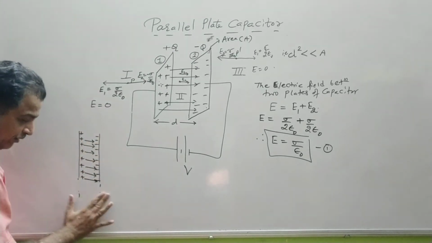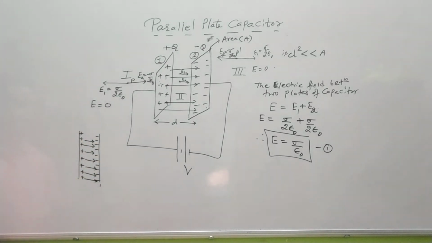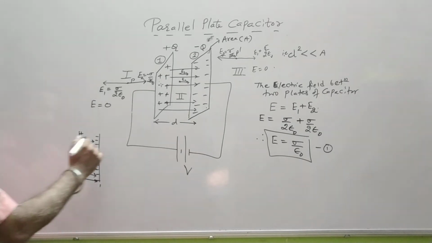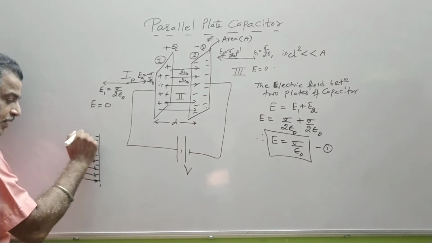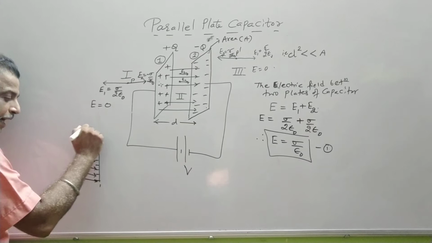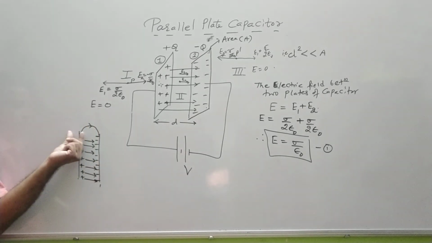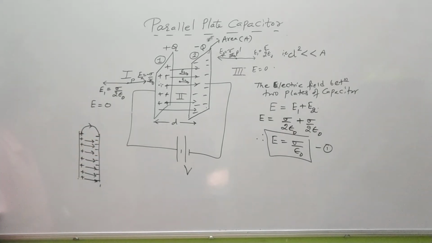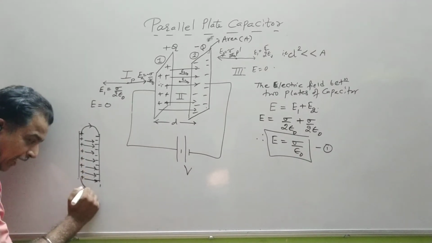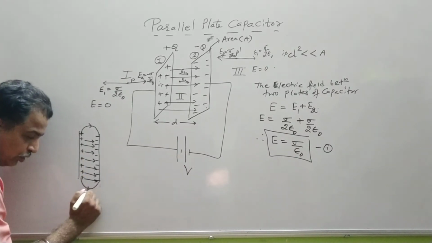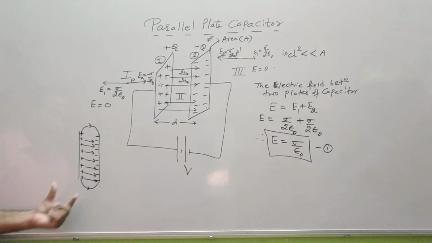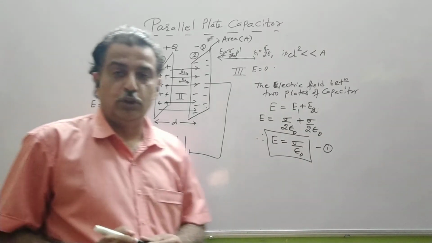suppose this is a finite plane sheet. Now the charges on the edges, on one edge of the plate one is positive and the other is negative. So the electric field intensity at the edges will be non-uniform.